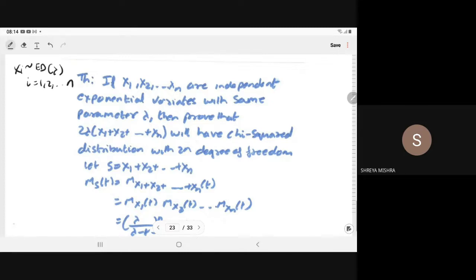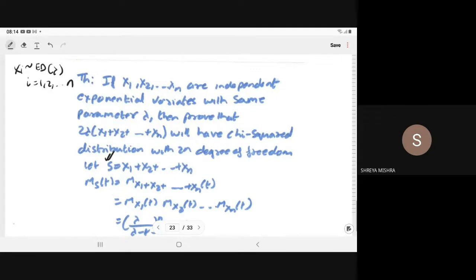Then prove that 2 lambda times the sum of the exponential variates, x1 plus x2 plus ... plus xn, will have a chi-square distribution with degree of freedom 2n.